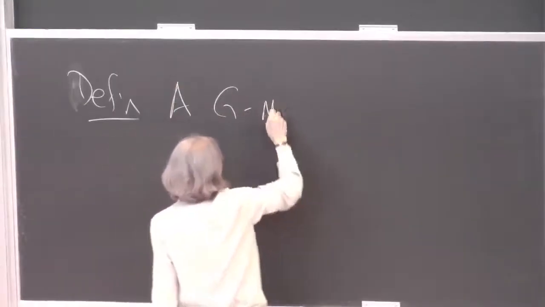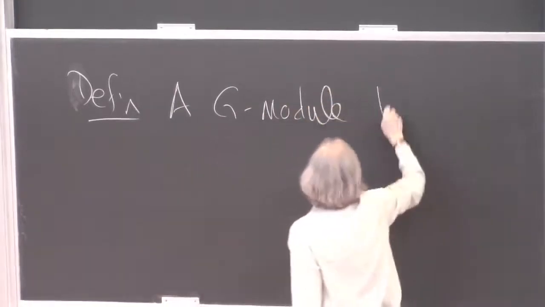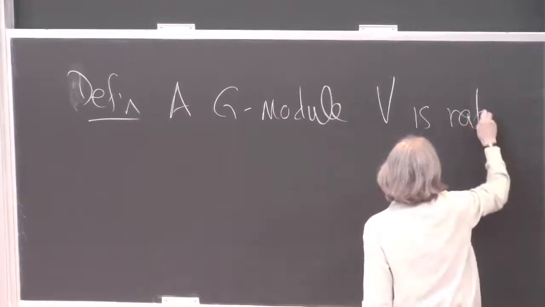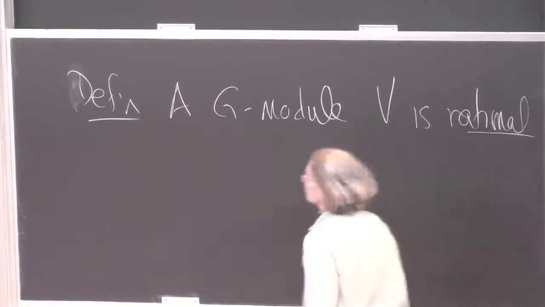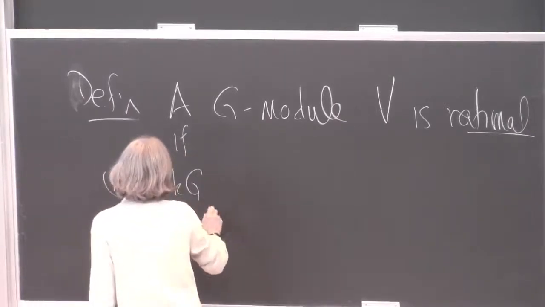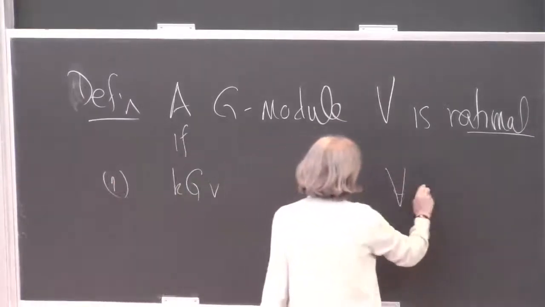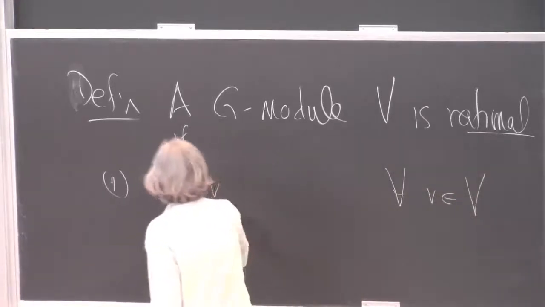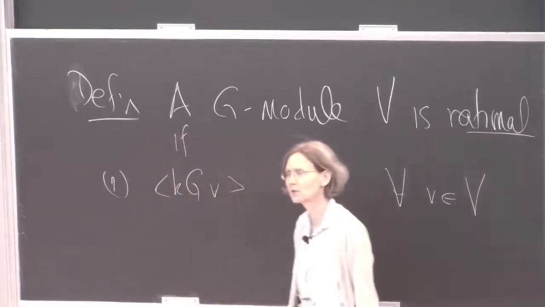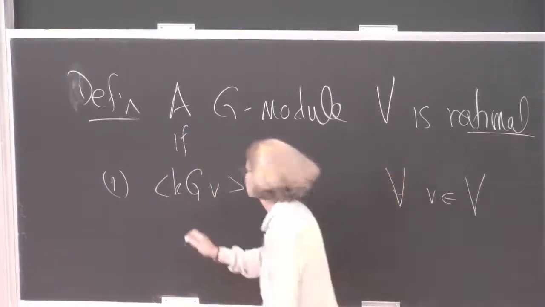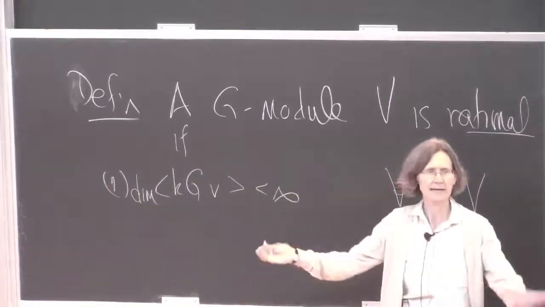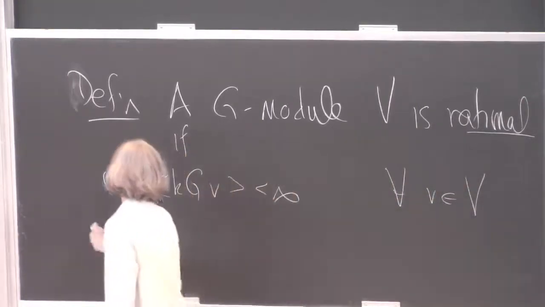Definition. A G-module V, and now V could be infinite dimensional, is rational if, first, for all v in V, every time you take a vector and act on it with G and make yourself a subspace, that should be a finite dimensional space. So let your group act. It's a module, so let it act. That should be finite dimensional.